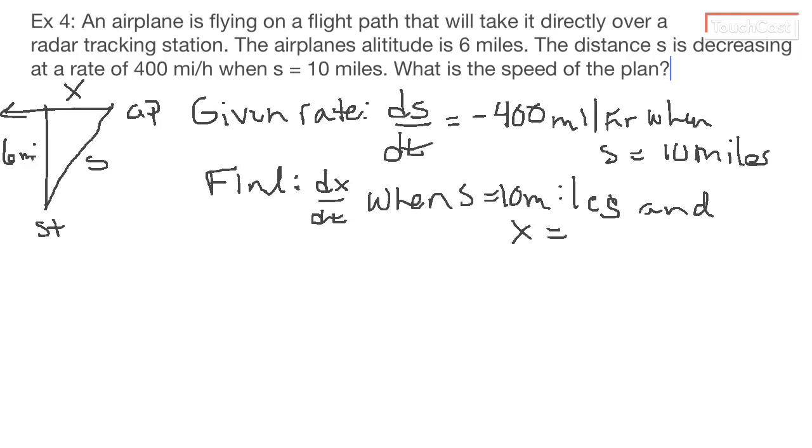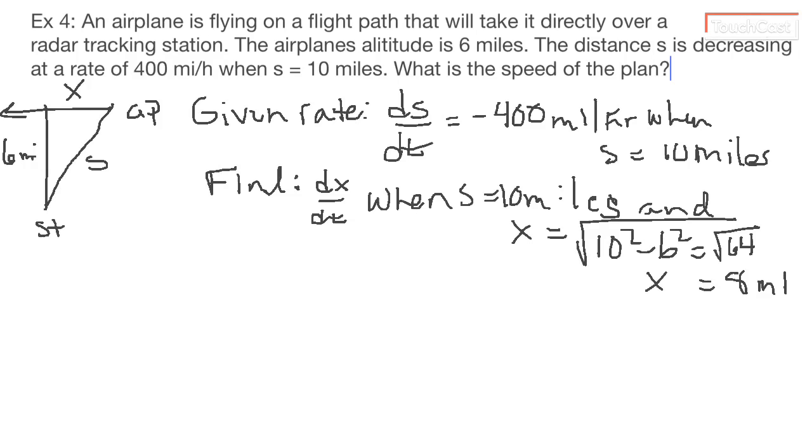To figure out x, we take the square root of our hypotenuse squared, 10 squared, minus 6 squared. That gives us the square root of 64, which is 8. So we need to find dx/dt when s is 10 and x is 8, and both of those are in miles.